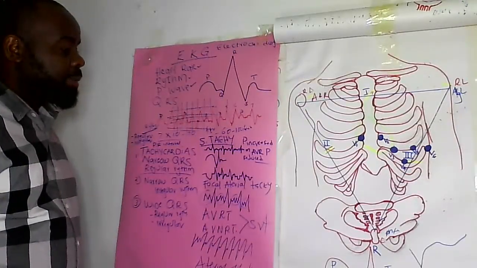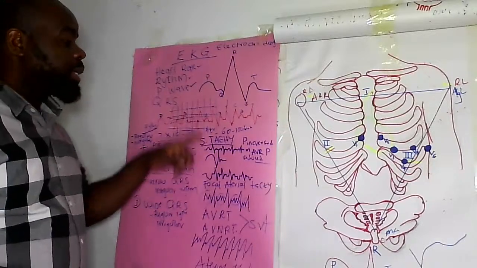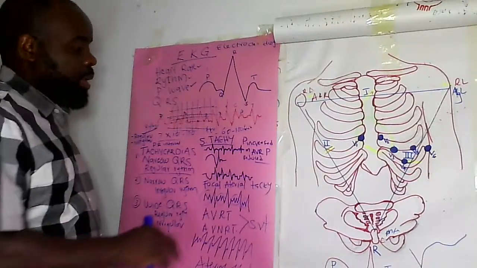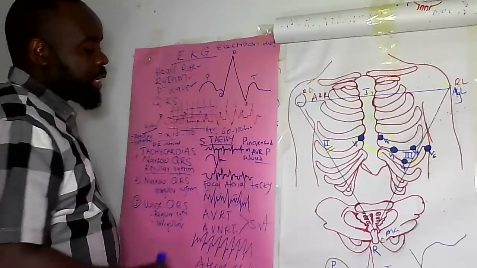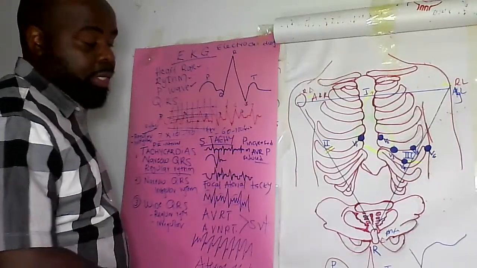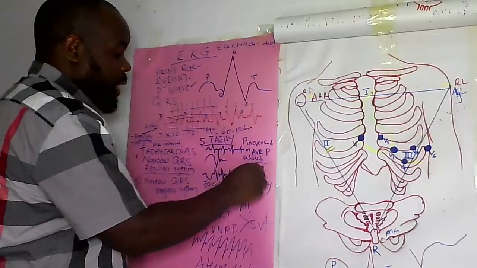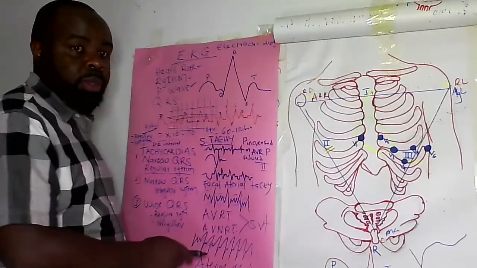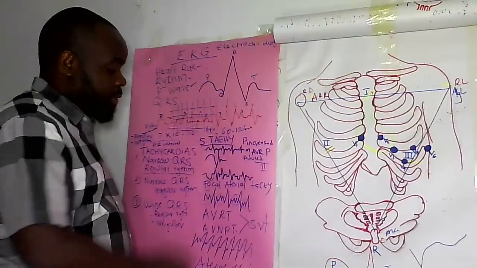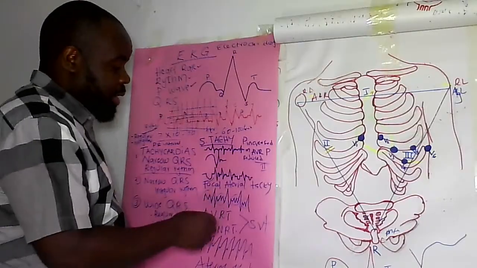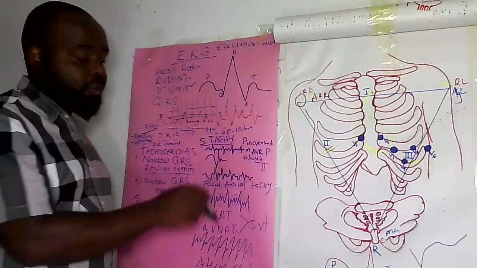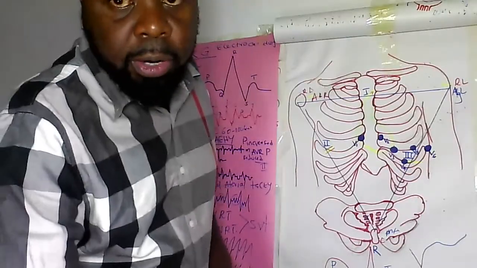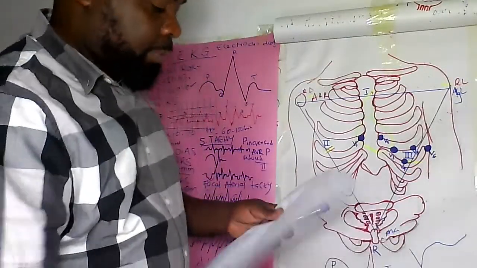Sinus tachycardia when P is increased in AVR and reduced in lead 2, and then we have diagnosed focal atrial tachycardia with a deviated P wave deflection downwards.